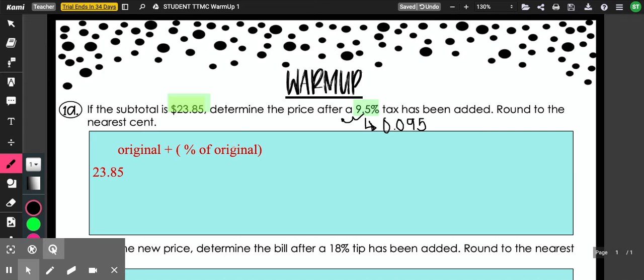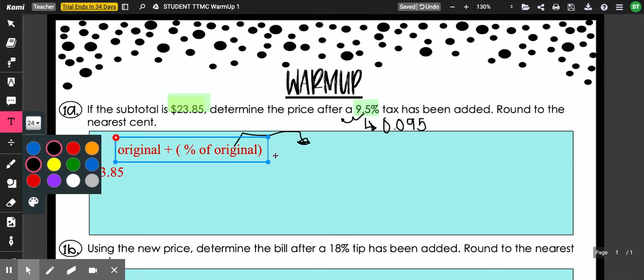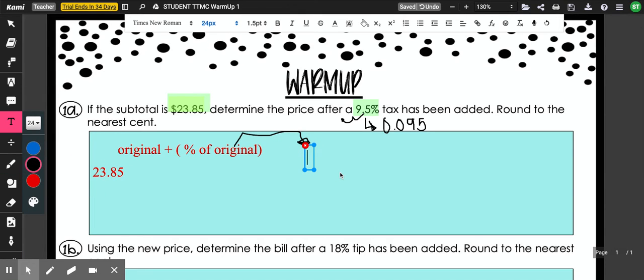So when I'm working to find the percent of the original, of tells me to multiply. So I'm going to take my original amount, which is $23.85, times 0.095.